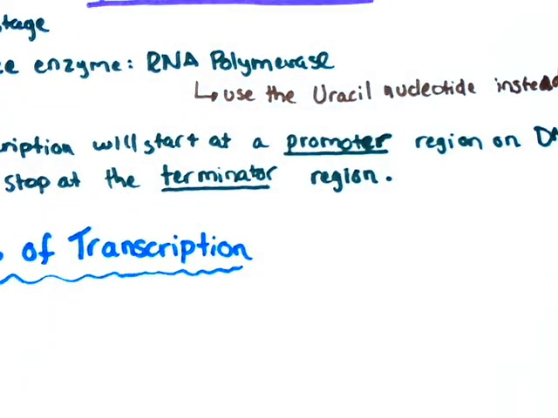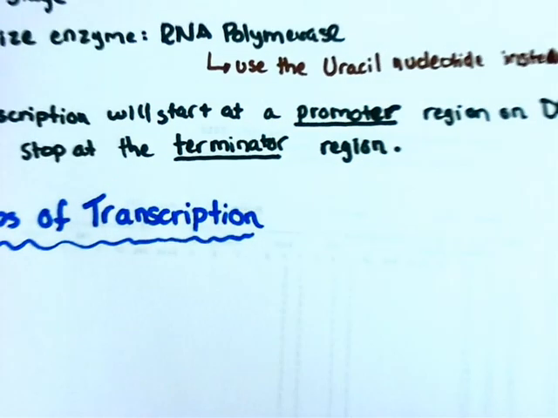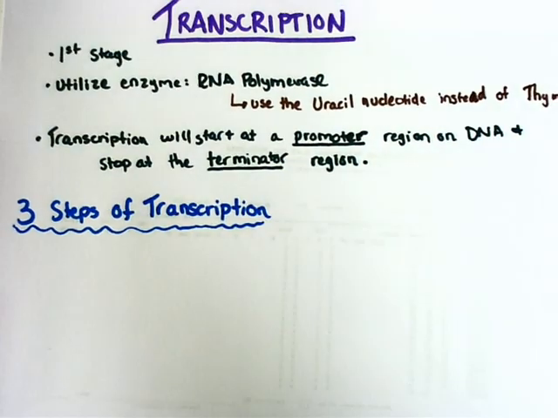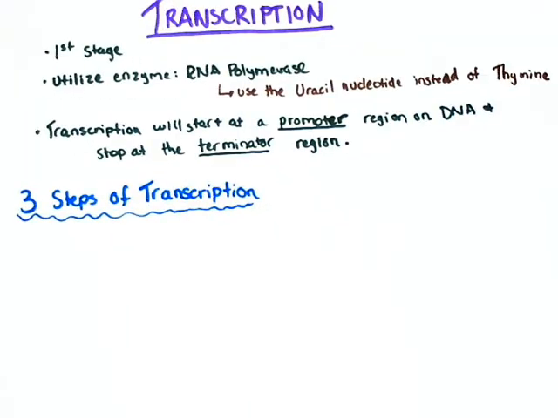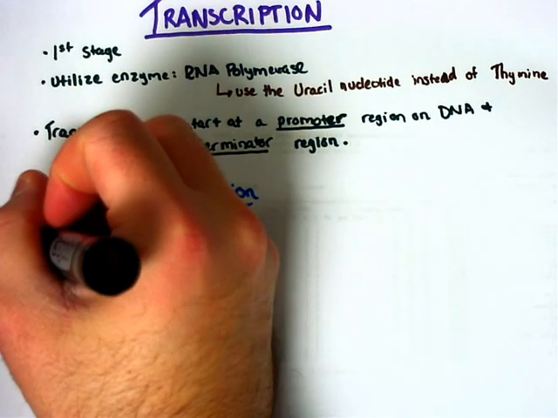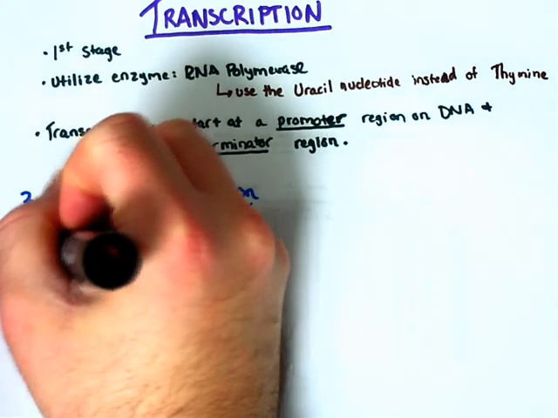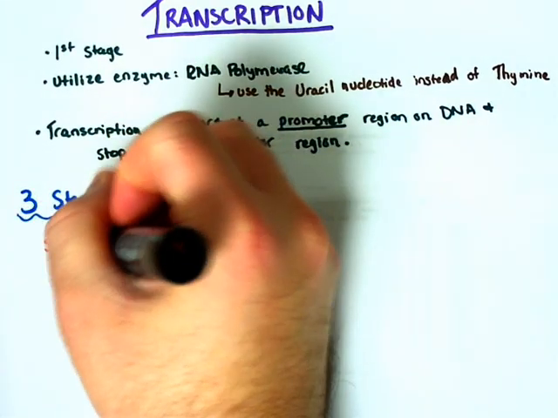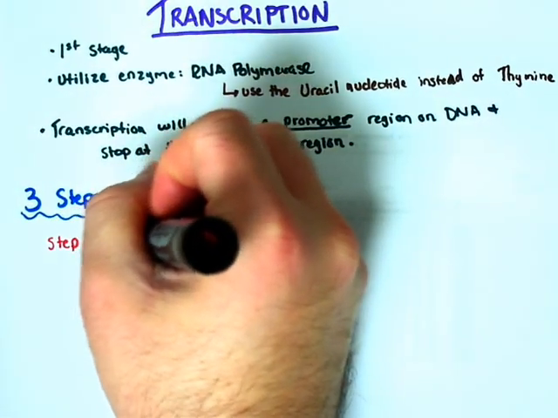We could view this overall process of transcription as being about three major steps or three major events. The first would be to begin it or initiate it, then to elongate the RNA strand, and then finally to terminate or end the production of the mRNA strand. So let's talk about the first step. Initiation.